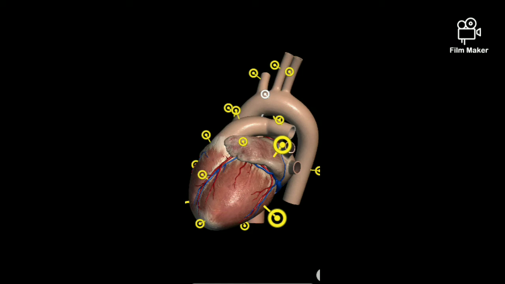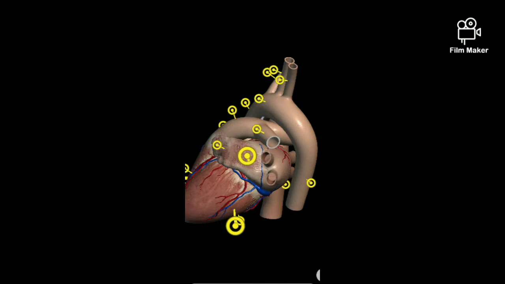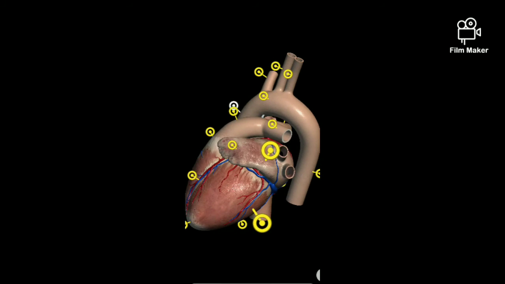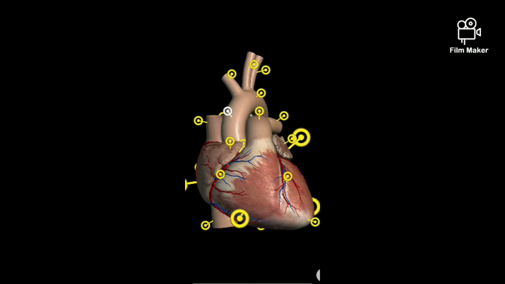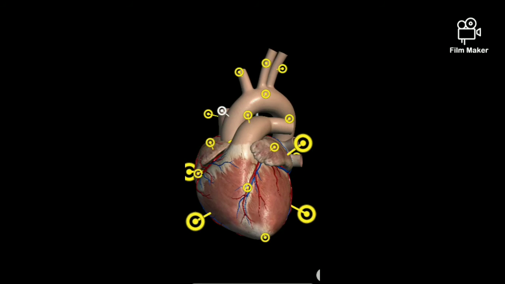The first segment is known as the ascending aorta, and after that it descends, which is known as the descending aorta, within the pericardium, which covers the visceral layer.